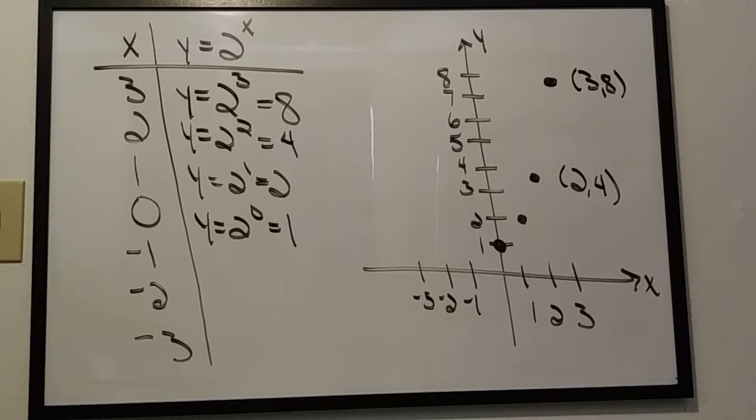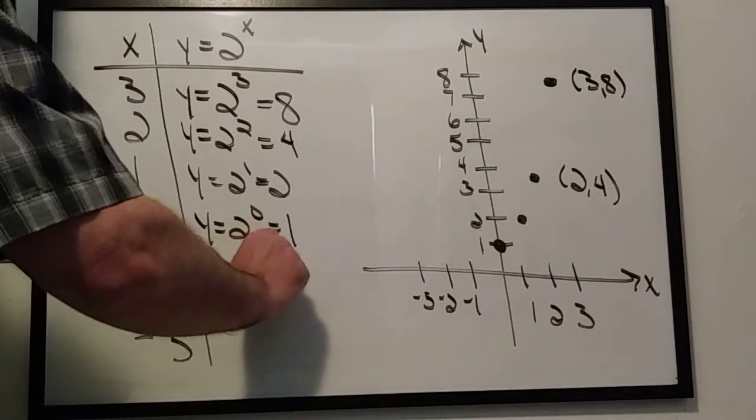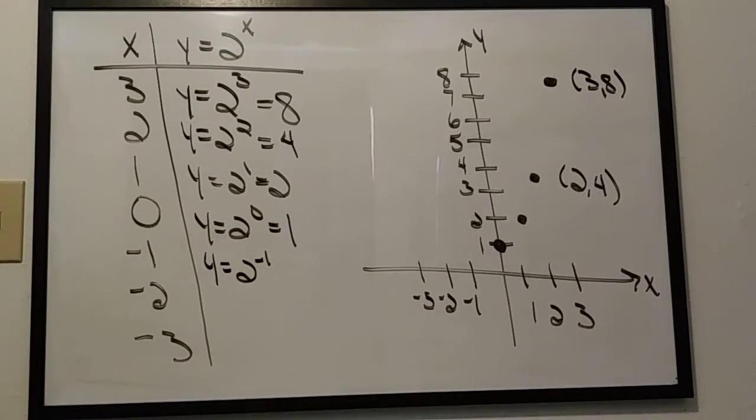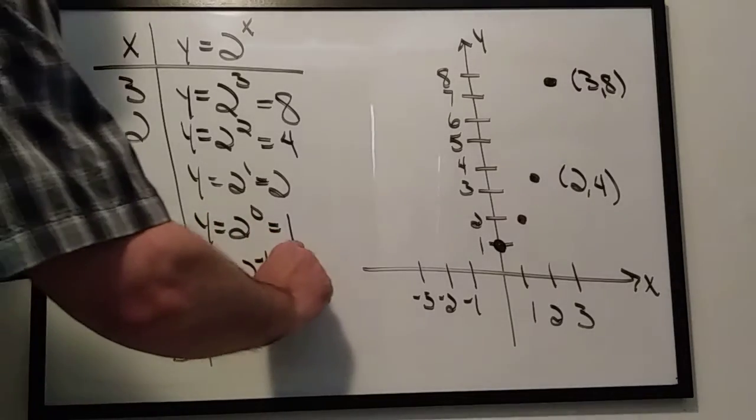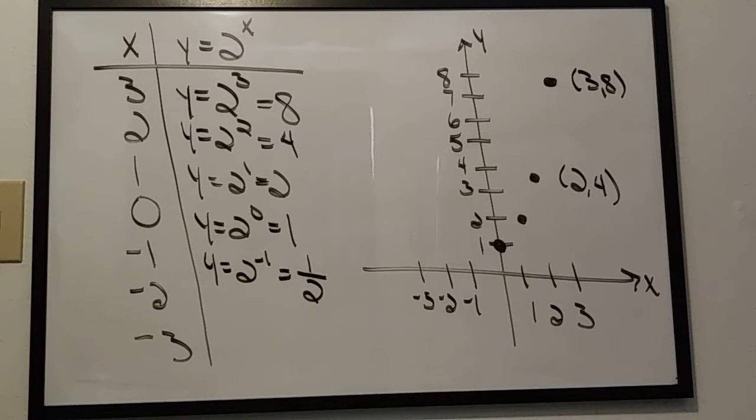Next, we have 3 different pieces that we need to think about rules of exponents for. So what happens when we plug in that negative 1 power? Remember that negative exponents move things. Right now, this 2 is in the numerator. My negative 1 exponent is going to move that 2 from the numerator down into the denominator. So this is equivalent to 1 divided by 2 to the positive first power.